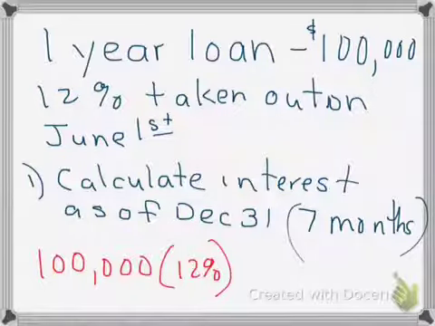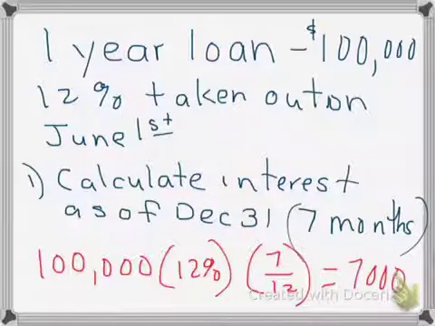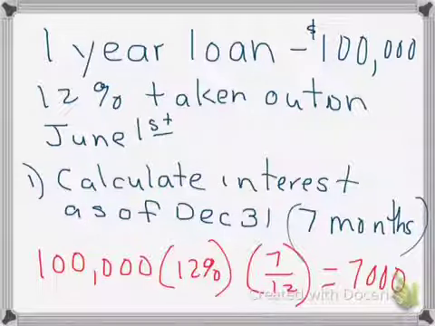We only need June 1st through December 31st, which is 7 months. So we take 7 over 12, and that's the time. Principal times interest rate times time gives us $7,000, which is our interest from June 1st to December 31st for that 7-month period.